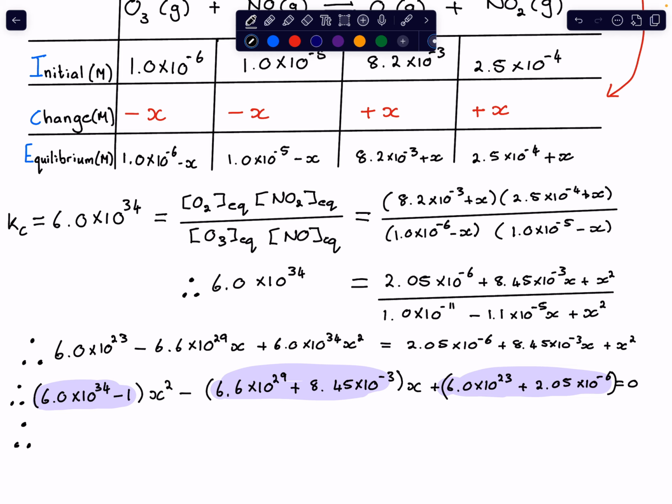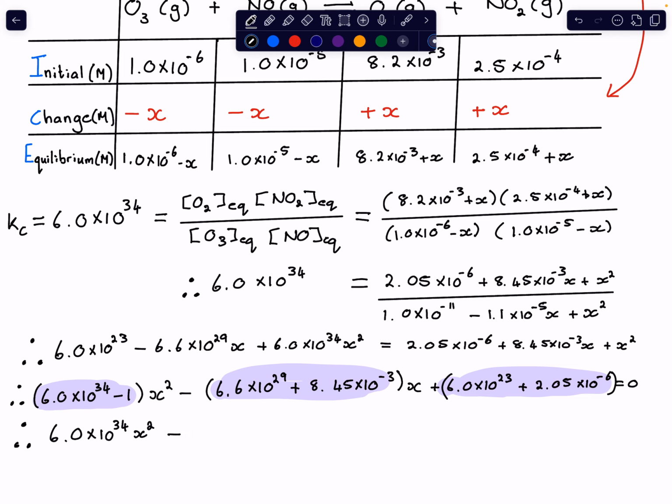Because 6 times 10 to the power 34 is a massive number. I don't care that you're subtracting 1 from it. You can even put it into your calculator. Your calculator is just going to give you 6 times 10 to the power 34. Because it doesn't matter. You're going to have to subtract something of the same magnitude from it, and 1 is not nearly of the same magnitude. So that's going to be what that bracket gives us.